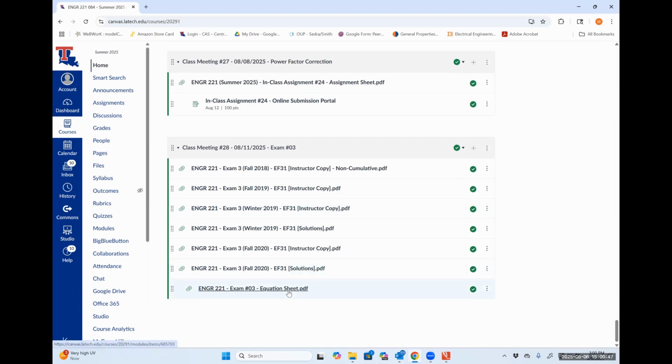There we go. So it should be the last thing that is currently available on Canvas. It just says Engineering 221, Exam 3 equation sheet. It will be embedded into your exam.